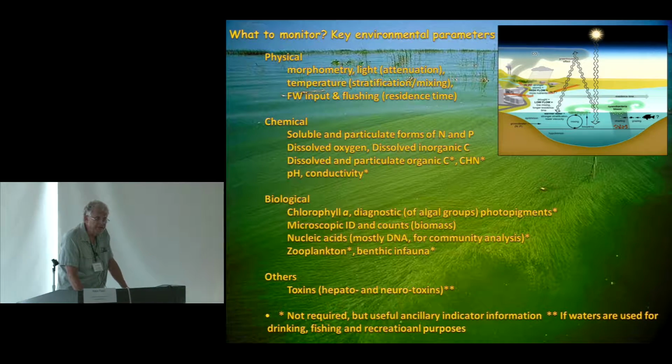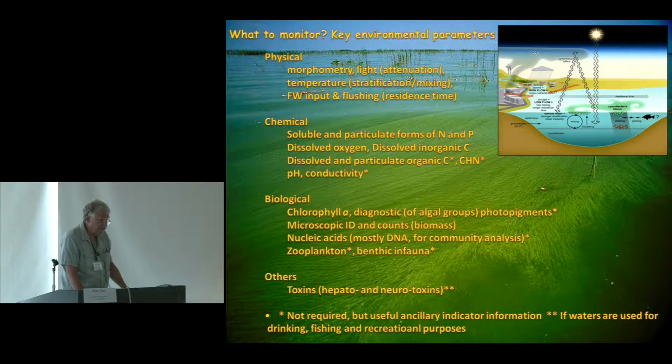Microscopic identification, very basic measurements. You need to have the expertise in terms of personnel that can identify the phytoplankton, but these are not high-tech, rocket science kinds of parameters that need to be measured.